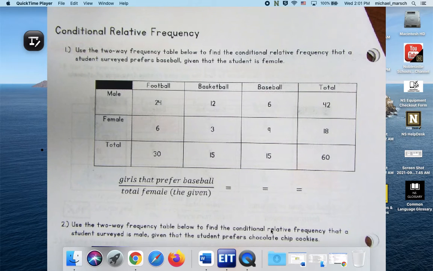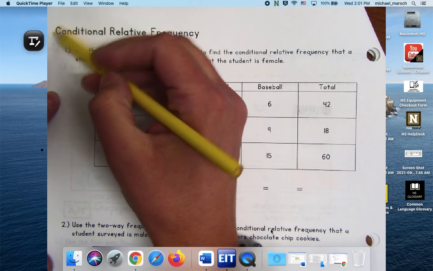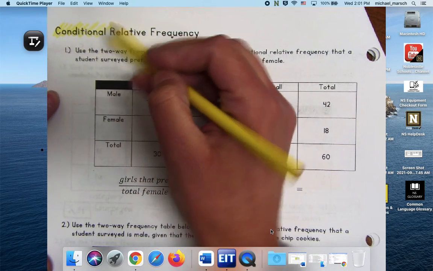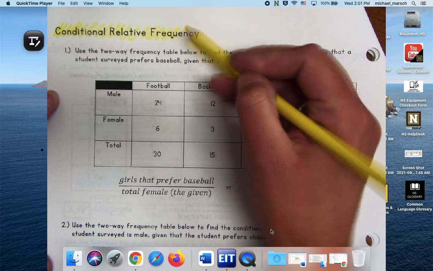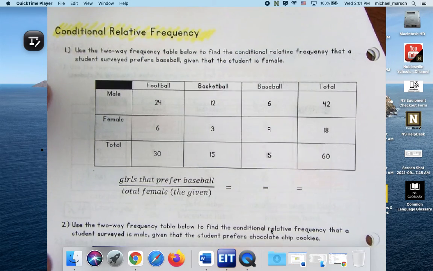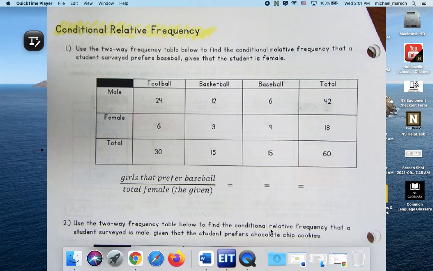All right, so we're going to use yellow for conditional relative frequency. So I'm going to read this to you guys.